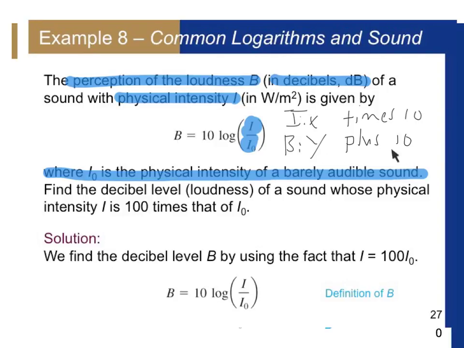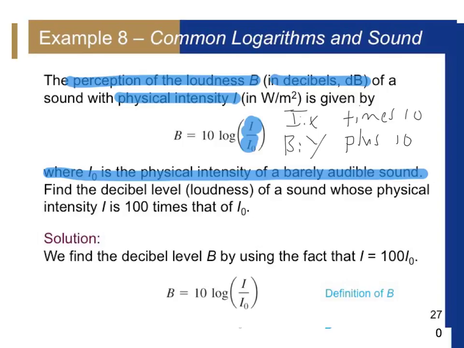So this goes from 10 to 100, and this would go from 10 to 20. It's a big jump in the input, times 10, and just plus 10 in the y.